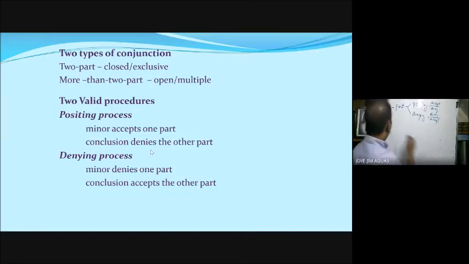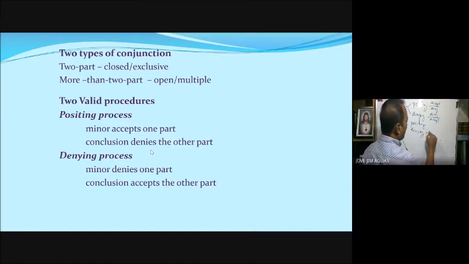But if you have a multiple conjunctive, then you can only follow the positing process. If you follow the denying process, this will be invalid. Denying is invalid.